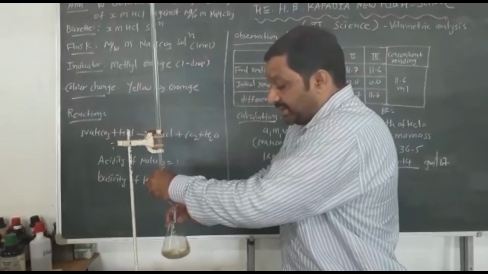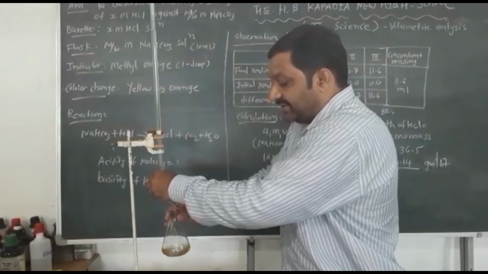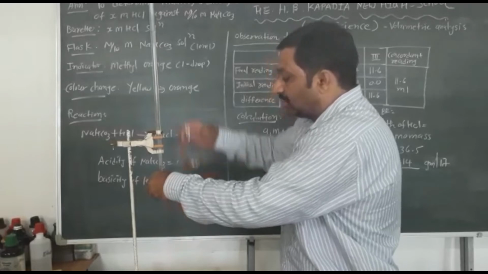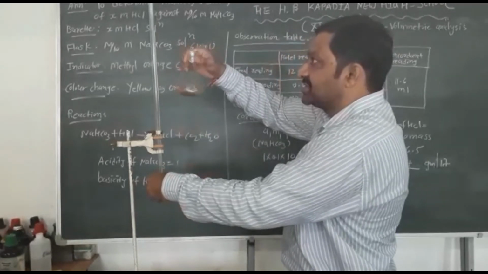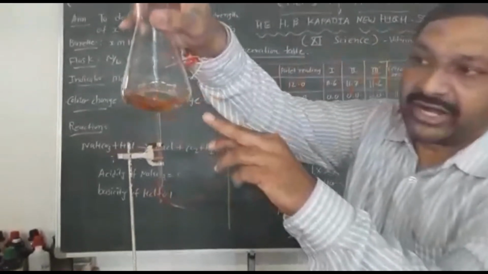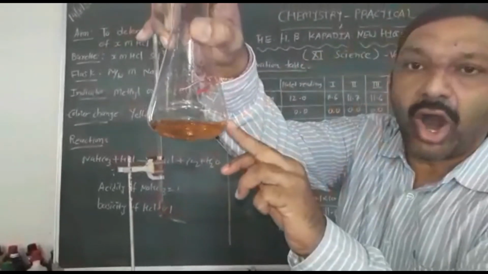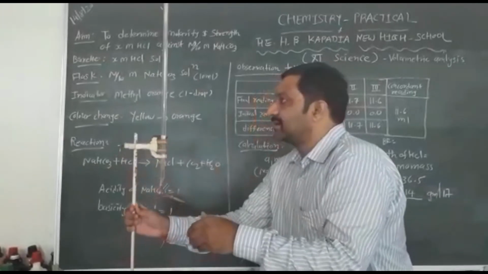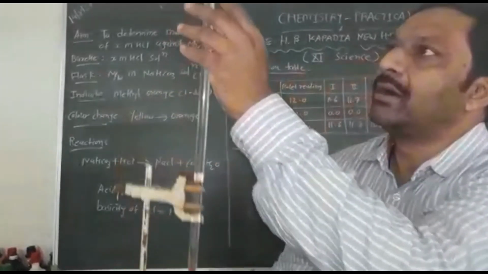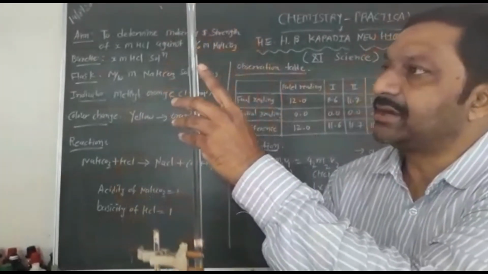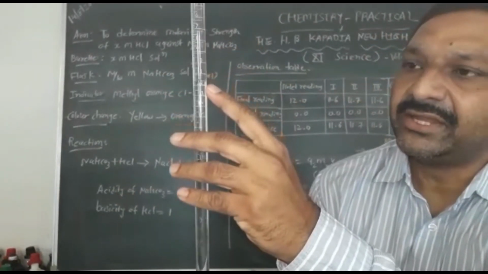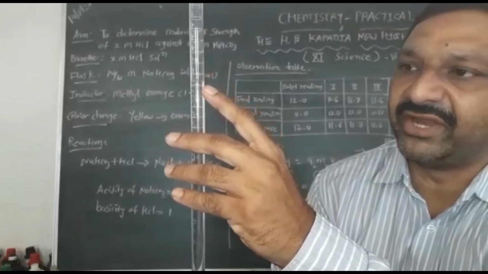At the end point, you have to stop your addition when the color changes into orange. Now look here, my color is changed. Orange color, yellow to orange. Now look here, my reading is 11 or 12 in between.